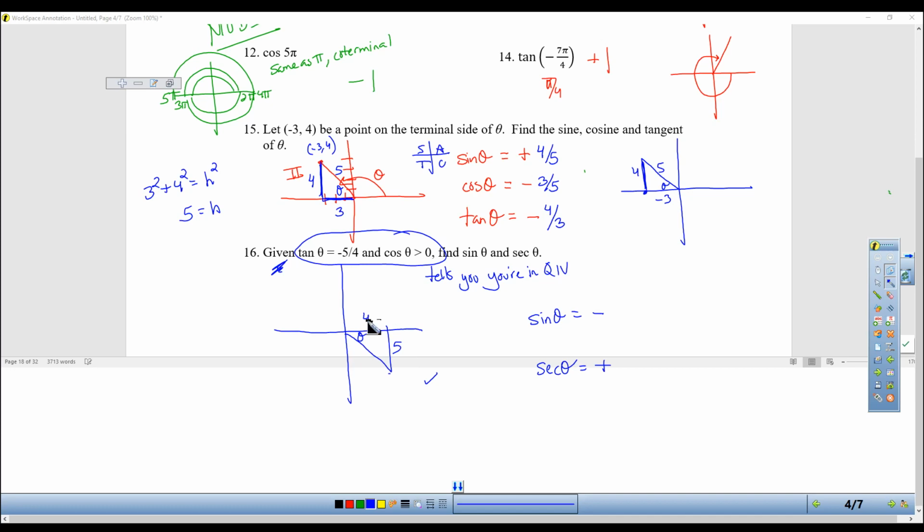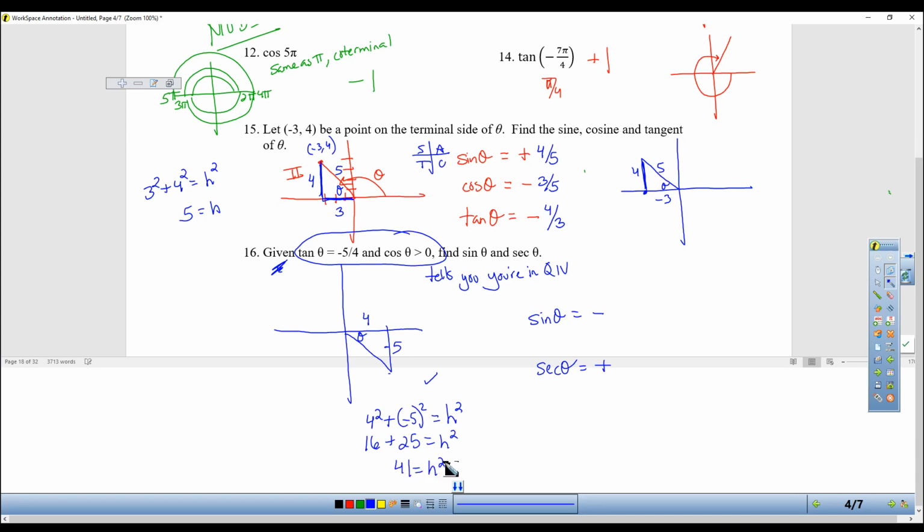So which one of these two is negative? Well, just based on the fact that this is the x-axis and this is the y value, the 5 is definitely the negative. Does that matter when you're doing your hypotenuse? Yeah, 4 squared, because -5 squared or +5 squared is going to come out the same either way. So 16 plus 25 is equal to h squared.